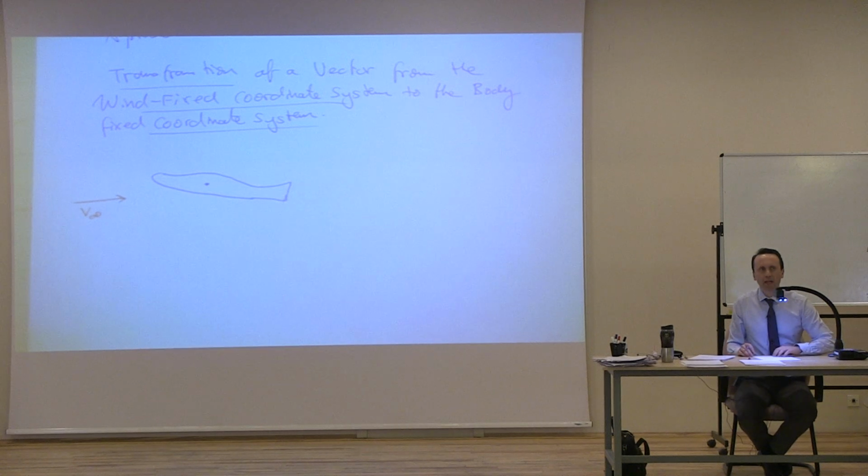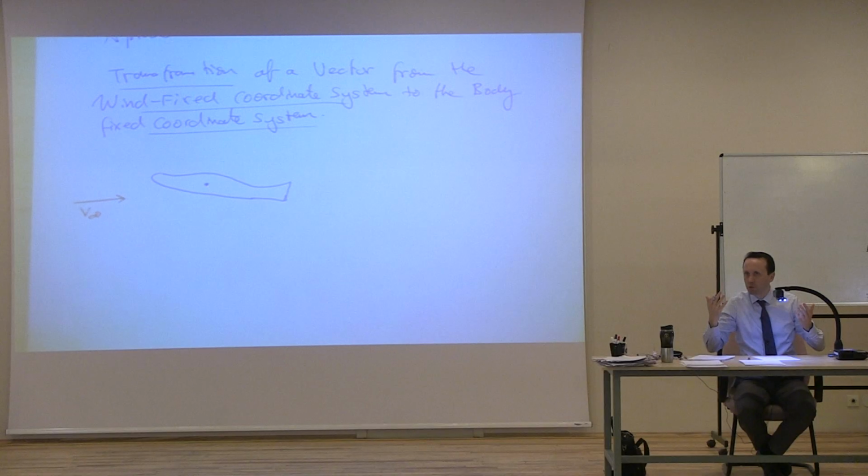Every now and then someone asks me, if the airplane is in space and there's no wind, where is V infinity? The atmosphere might be still and you might be moving towards the air, and from the point of view of the airplane, you will see the air coming towards you. In reality, the airplane is moving towards the air, and therefore there's a relative velocity that the airplane will see from the front because of your movement.